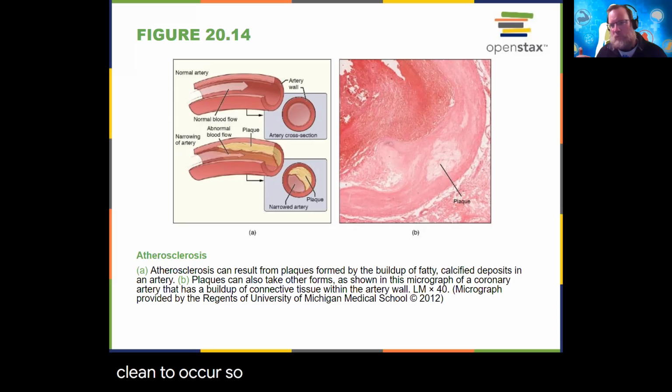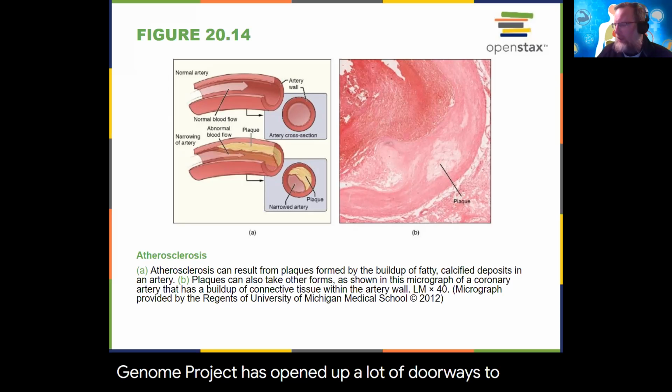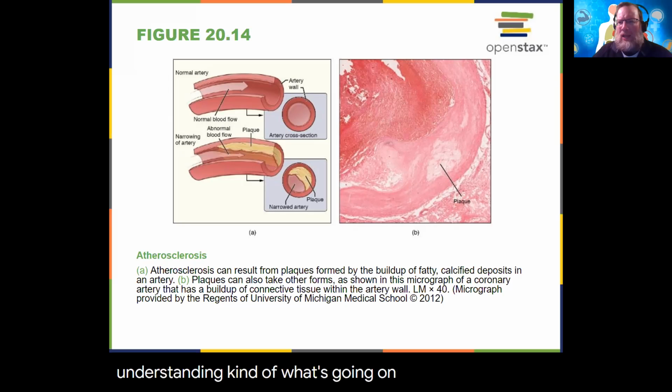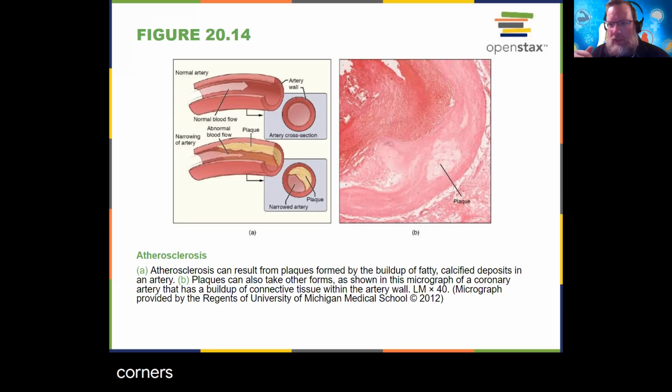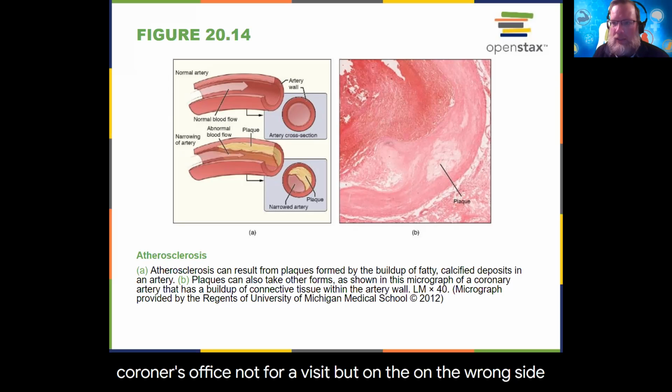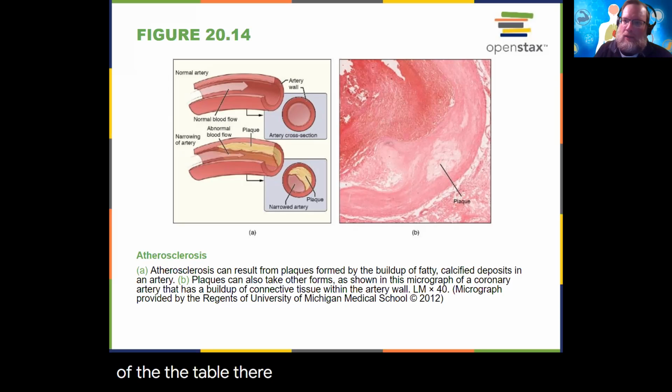We know this now. The Human Genome Project has opened up a lot of doorways to understanding what's going on and why a 35, 40, 45-year-old healthy individual ends up at the coroner's office, not for a visit, but on the wrong side of the table, because they've had a massive heart attack.